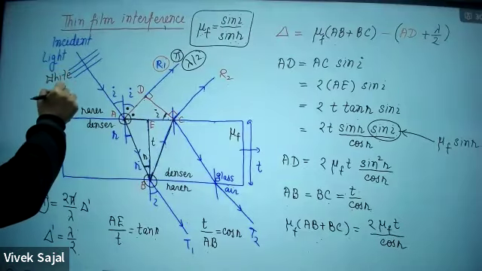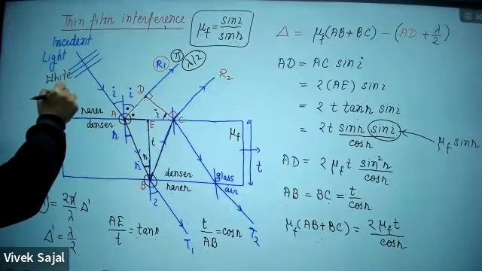The colors whose wavelength satisfies the condition of destructive interference will be absent here. So colors which we are observing form constructive interference, and colors which are absent form destructive interference here. So this is one case.